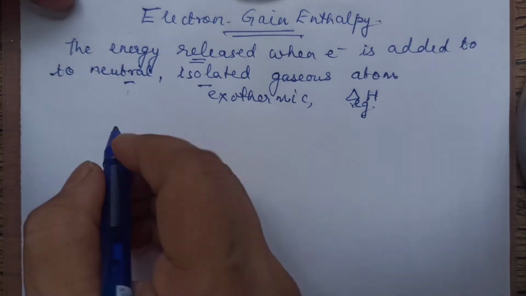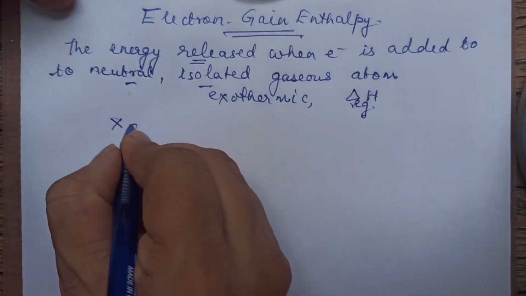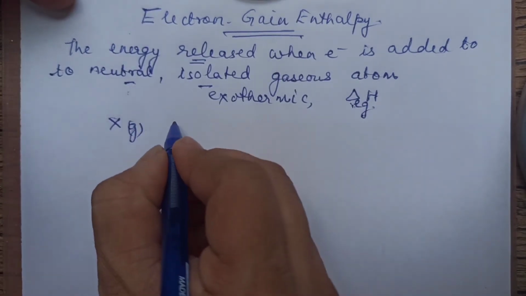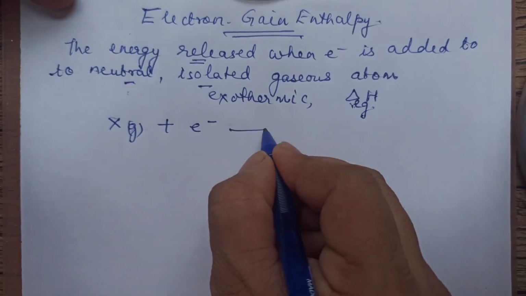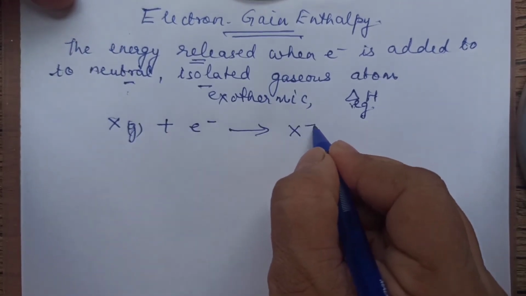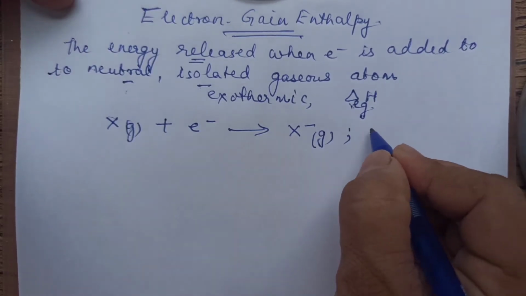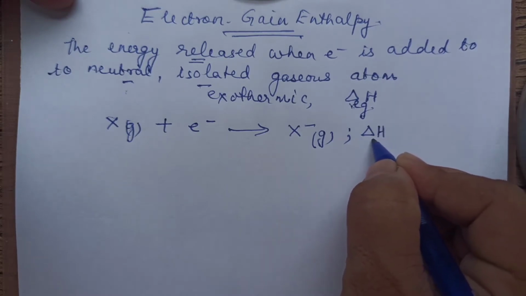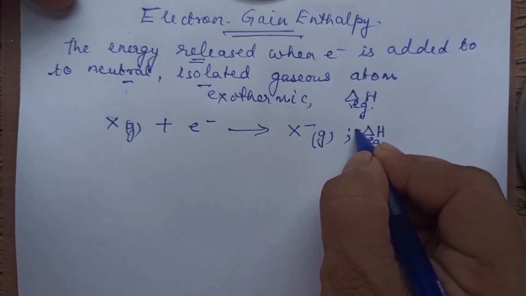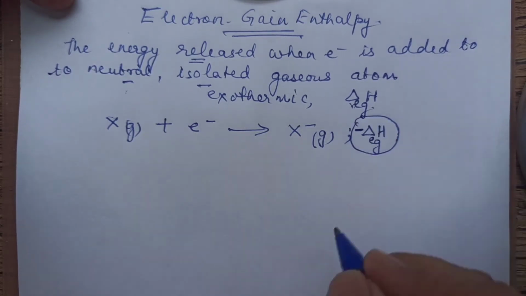Let's take an example. Suppose I have some atom X, in the gaseous state. If it takes an electron, it will form X minus, also in the gaseous state, and in this process energy is released, which we call minus electron gain enthalpy.